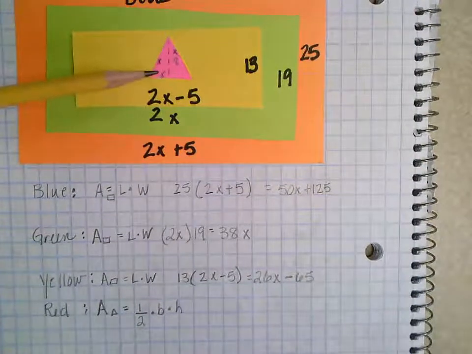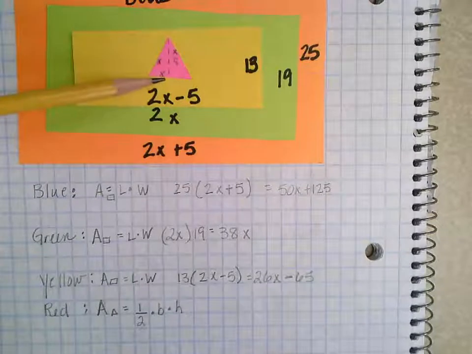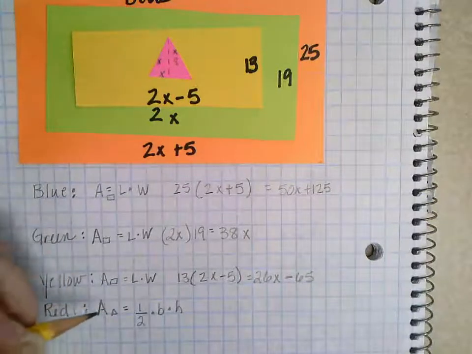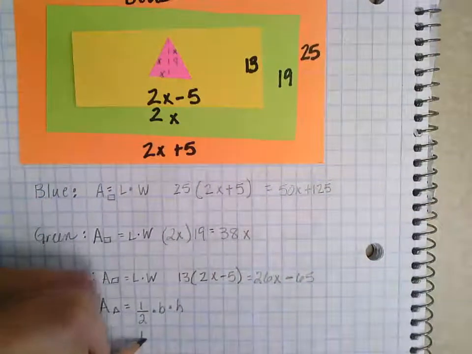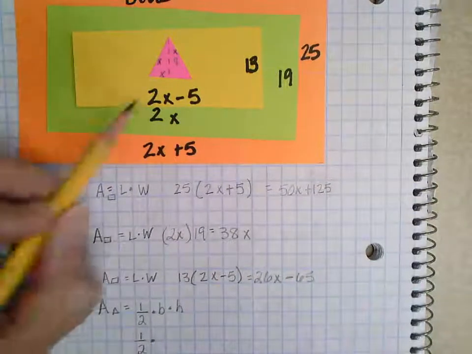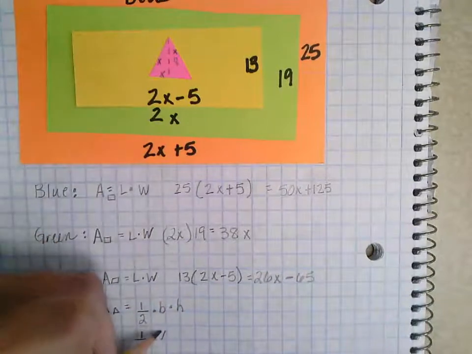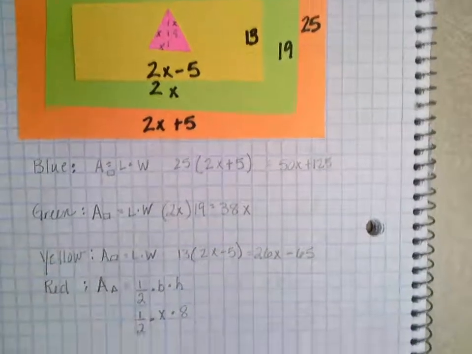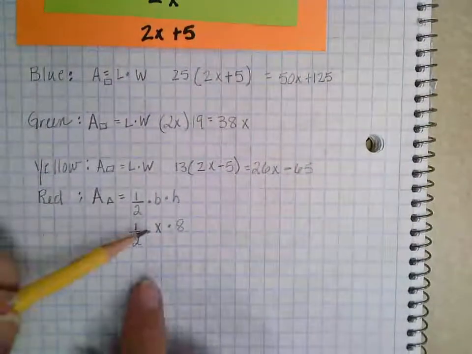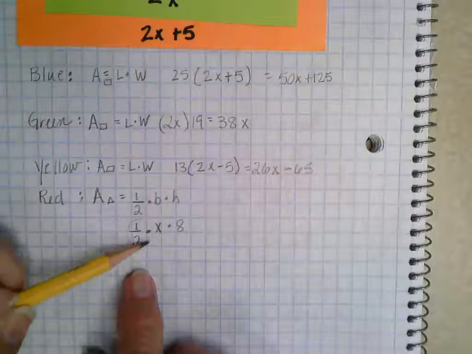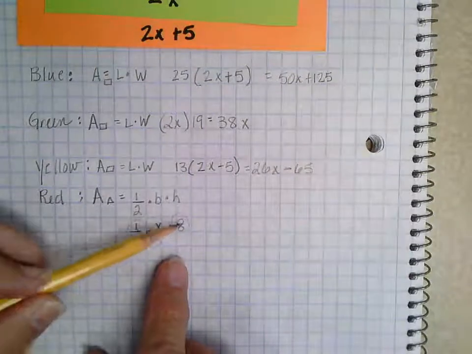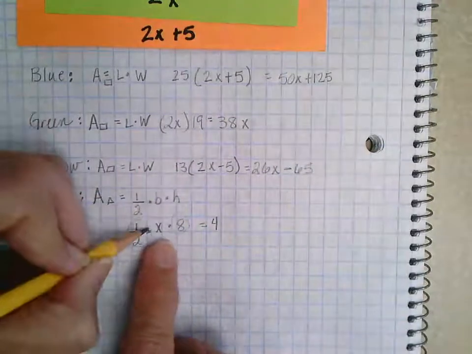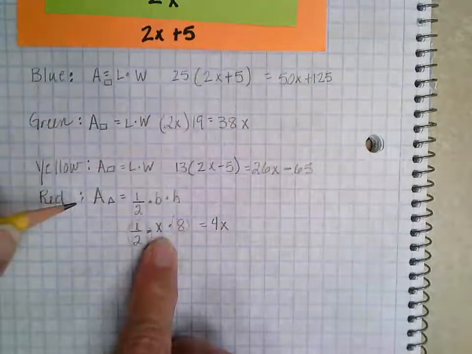But instead of calling it length and width, we're now calling it base times height. So that's why we needed the height of this triangle. So that's going to be 1/2 times the base is x and the height is 8. And when we multiply all that together, because multiplication is commutative, I can take 1/2 of 8 first. And 1/2 of 8 is 4. And then I'm just going to multiply it by the x.